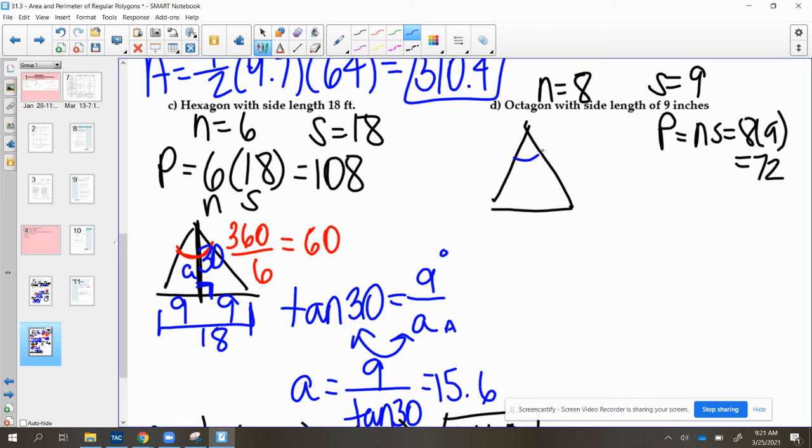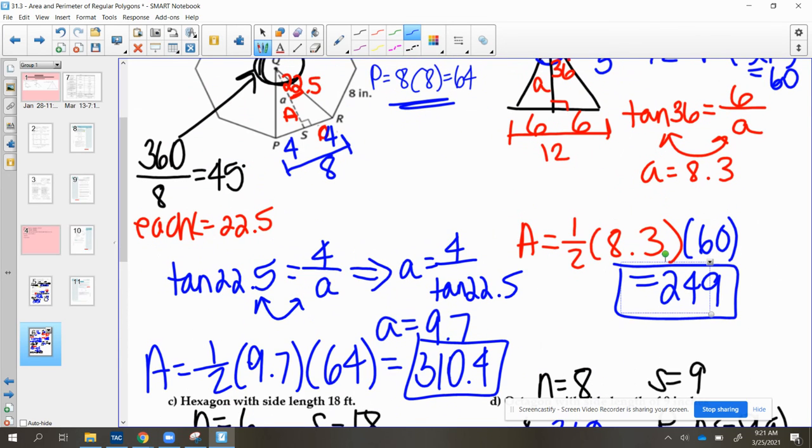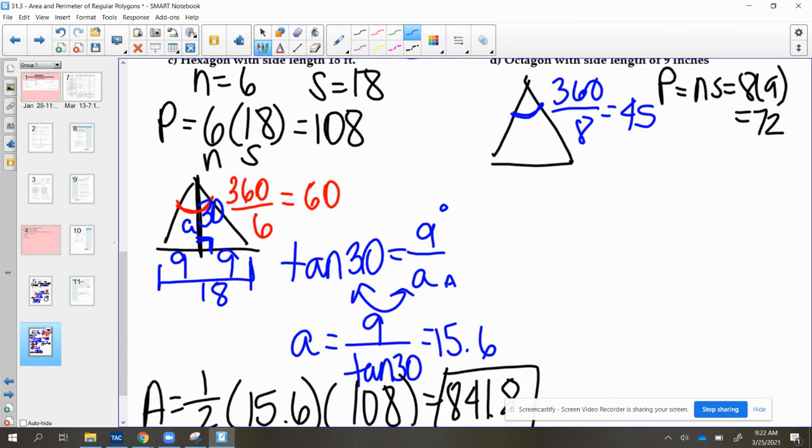The central angle of this is always 360 divided by the number of sides. So we talked about this actually kind of up in this example here. It's the same process as what we talked about right here. So these are 45, but we want the apothem. So we really only need half of that, which is 22.5.